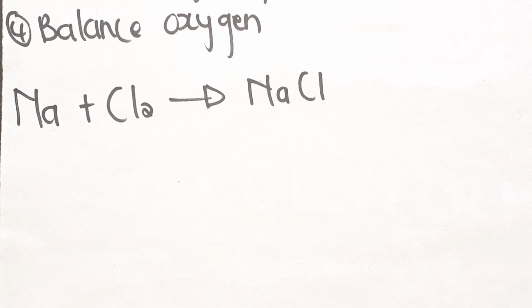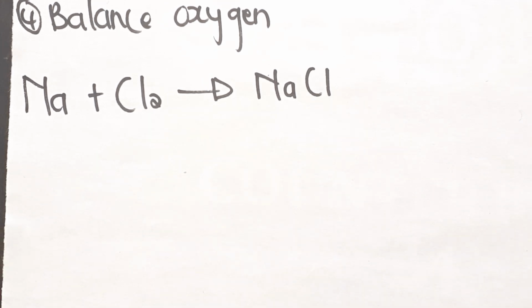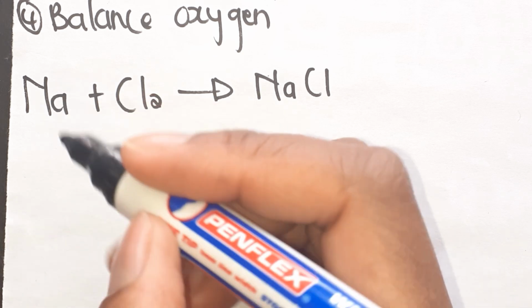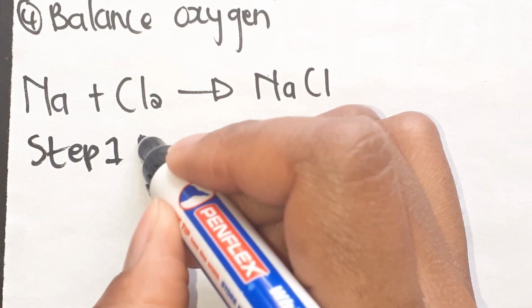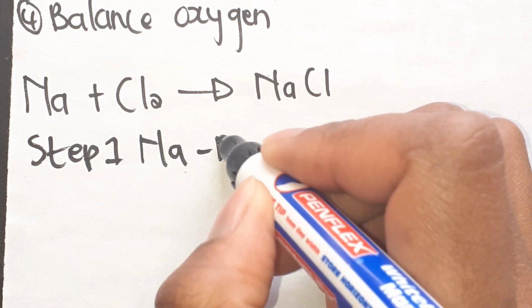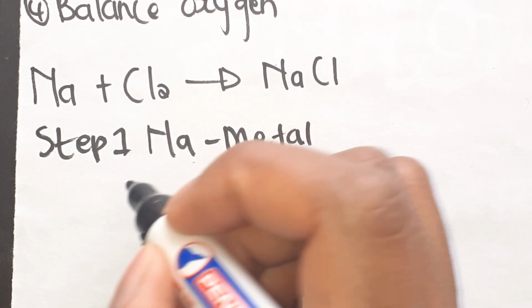So let's start to balance. Now we have Na, right? Firstly, we have to check. We have NaCl. So when you go on your periodic table, Na is a metal. So we will start to balance it.